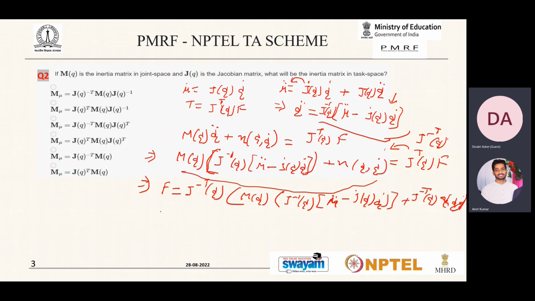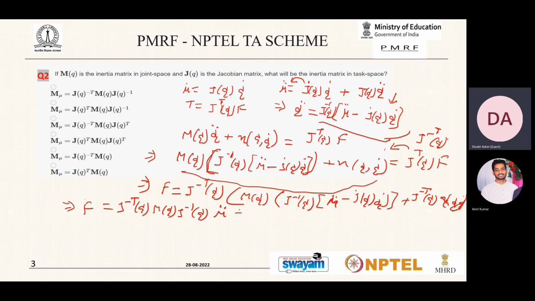right? So if you further see this, what you'll get? F equals J inverse J minus T Q M Q J inverse Q mu double dot plus and so on. So we have just expanded what we have written here, right? What you can see is some other M matrix in terms of mu, right?